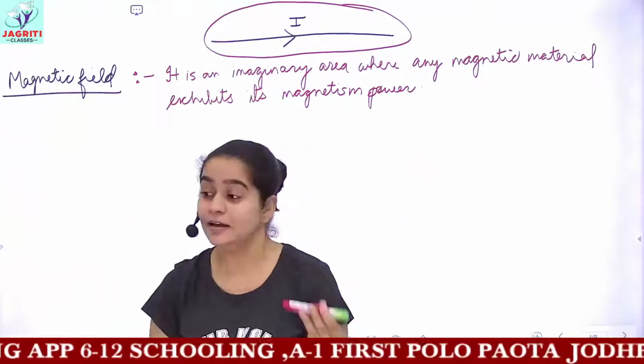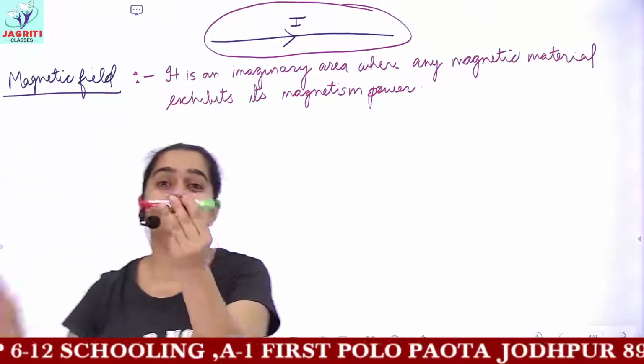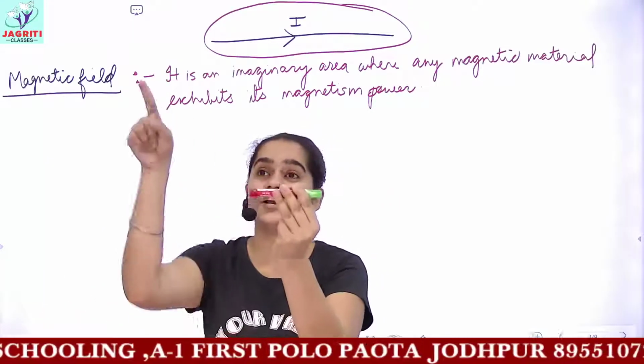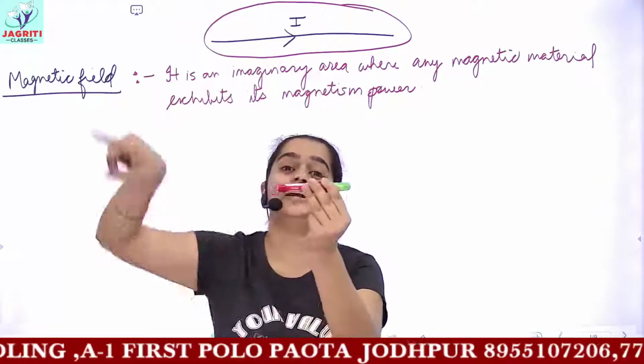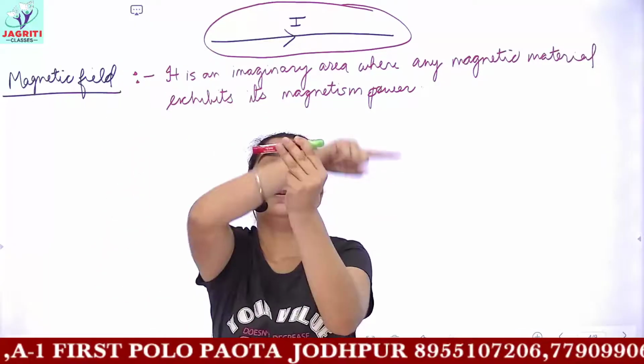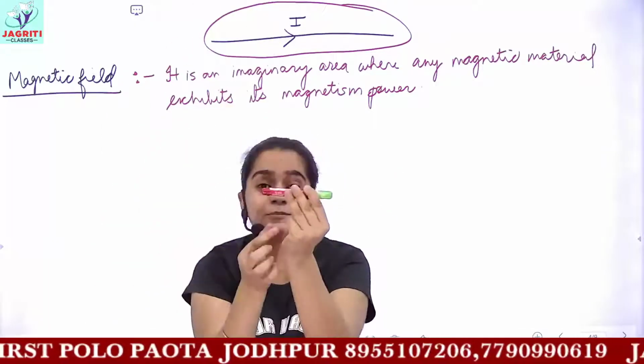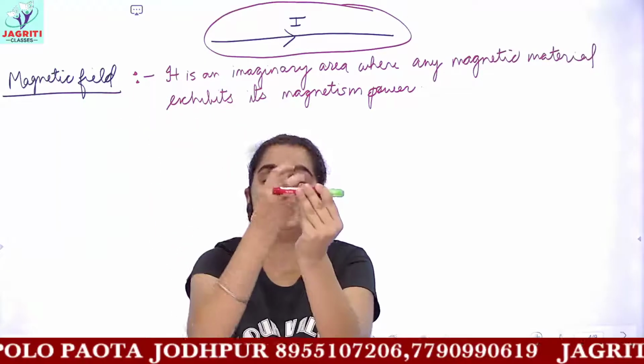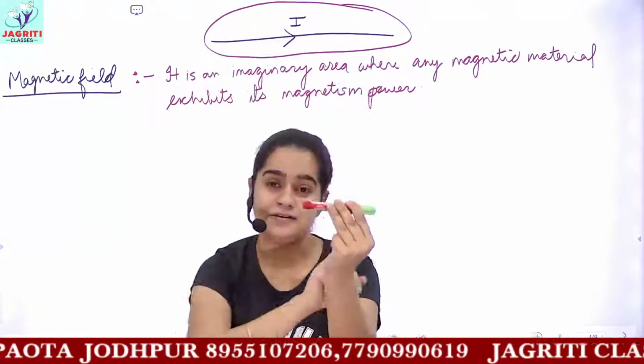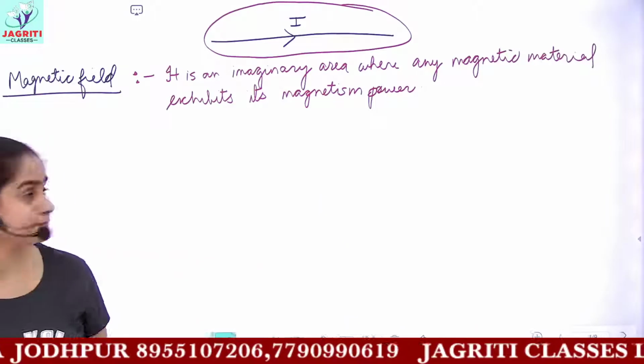It means this magnet can only attract an object when it is present within a particular distance. So this imaginary area where the magnet is able to attract objects is called its field. I hope this is clear.